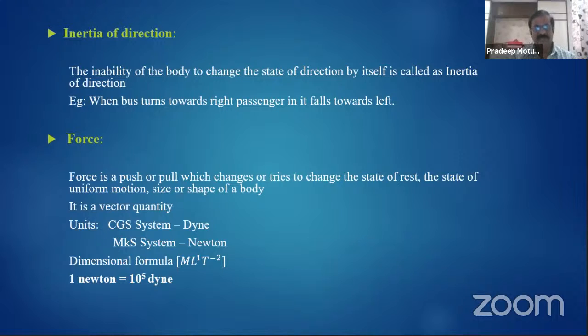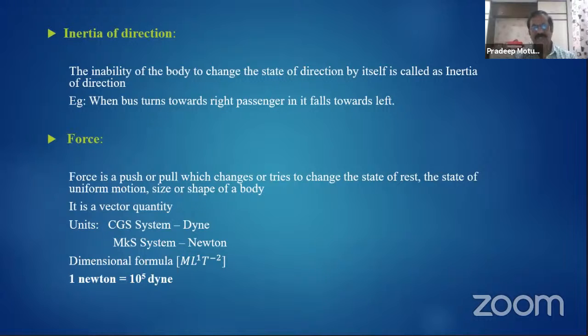Force means the physical quantity which changes the state or position of the body. If a body is at rest, or in a state of motion, or you want to change its size or shape, we have to apply force.